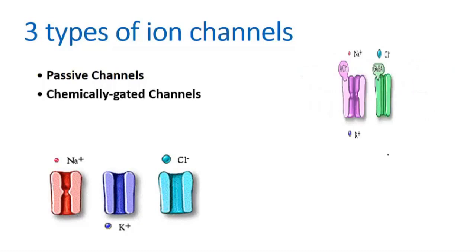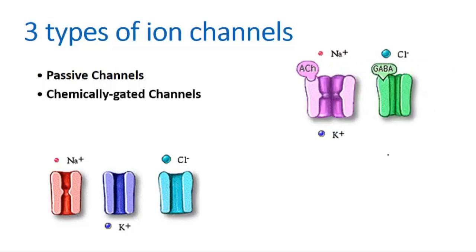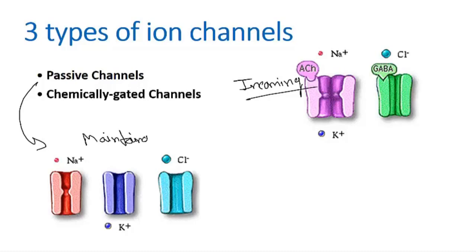That's why they are present in the dendrites as well as in the cell body. They are much required for the incoming of the signal. And these passive channels are mostly required for maintenance of the membrane potential. Okay.